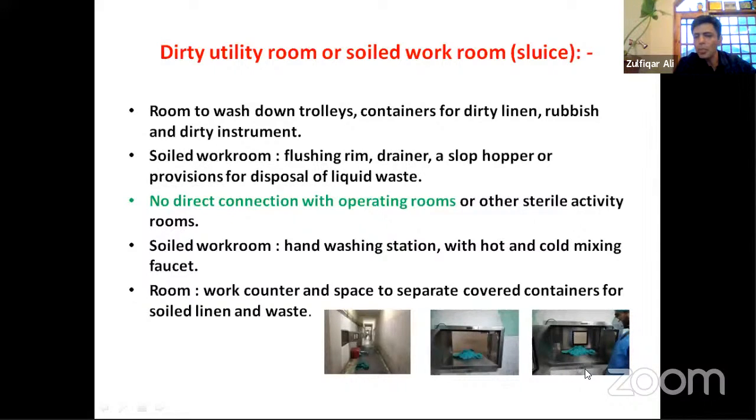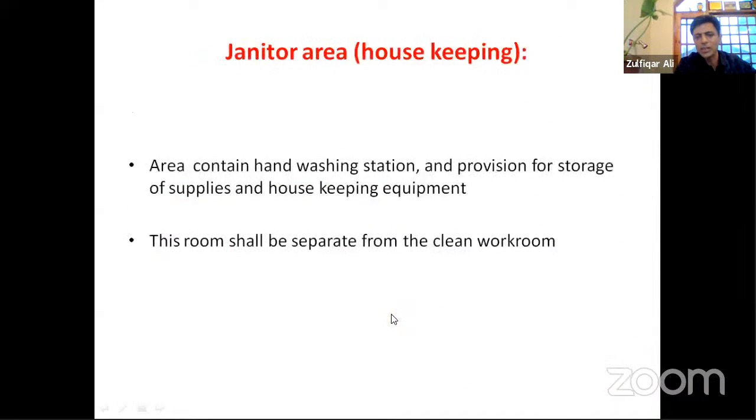Once we open both these windows, there is direct communication from the dirty utility room to the dirty lane. So the person involved in cleaning comes through this dirty lane. There's no contact with the operating room, and the soaked linen gets cleared along with other utensils and other utility that has been used during the surgical procedure.